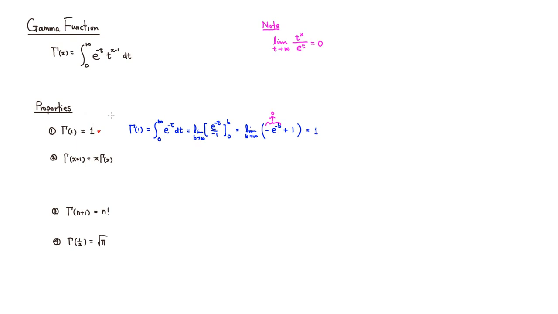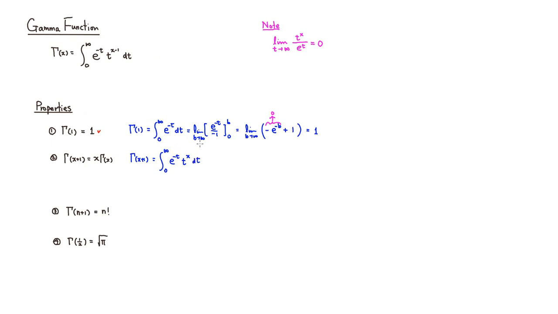Let's look at the second property. Let's compute gamma of x plus 1. By definition, this is the integral from 0 to infinity of e to the negative t times t to the x plus 1 minus 1, which is just t to the x, dt.